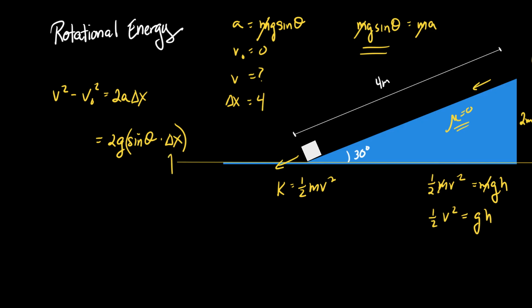Right? This is the hypotenuse. And we said the hypotenuse times the sine of the angle would give us the opposite side. Isn't that the hypotenuse times the sine of the angle? Which makes this side 2gh, and this side, v squared.